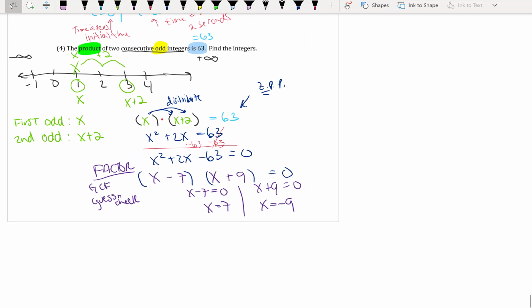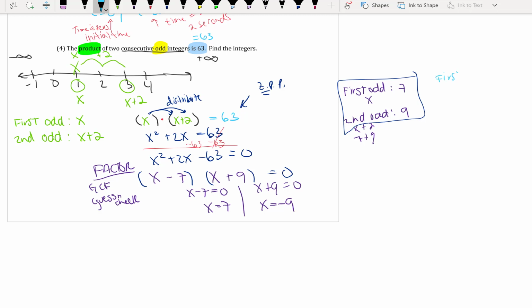So now you know for your first odd, which is x, you got 7. And for your second odd number, remember that's your x plus 2, so 7 plus 2 gave you 9. And don't forget, you also have your first odd as this x is equal to -9.